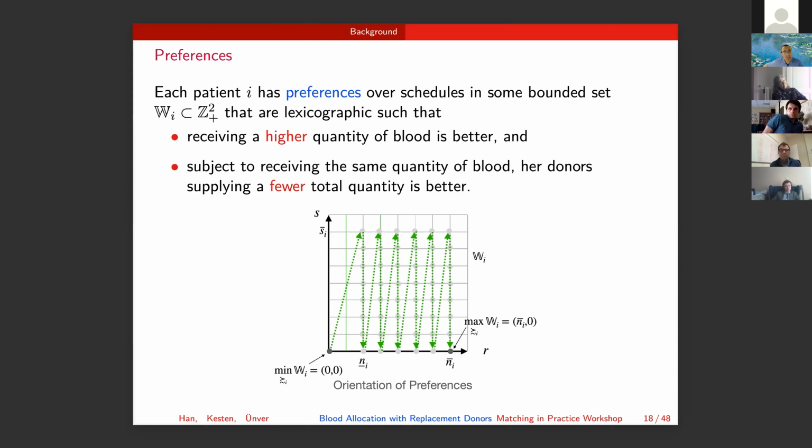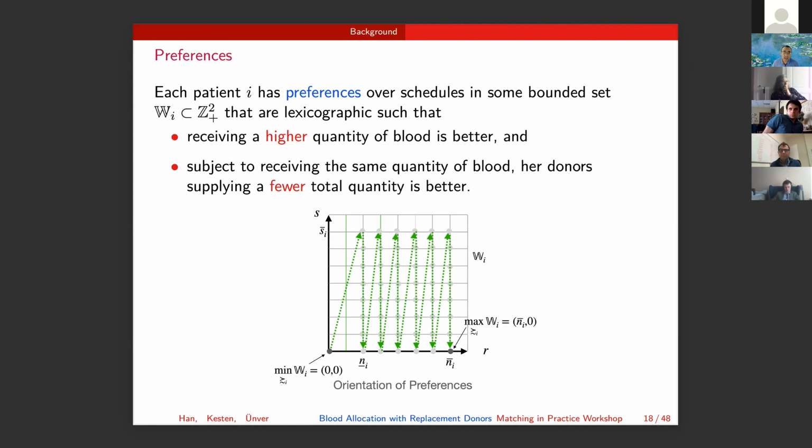Okay, so this Wi, you can assume it is the range of the union of the range sets of each of these SI correspondences. It can be a superset, but we are going to talk about changing the feasible schedule sets, etc. So it's a big, whatever that big set you can think of.